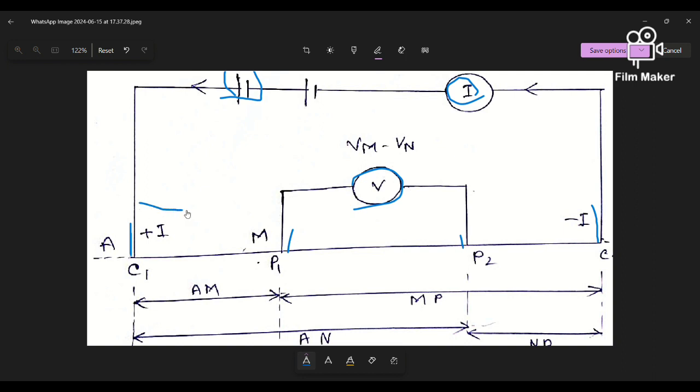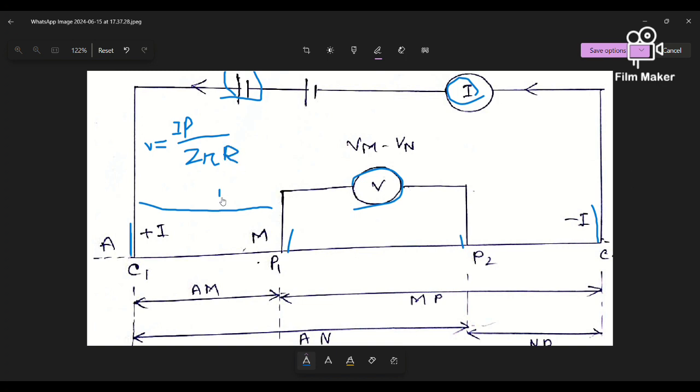The distance is dependent, so we know V is equal to I rho by 2 pi r.